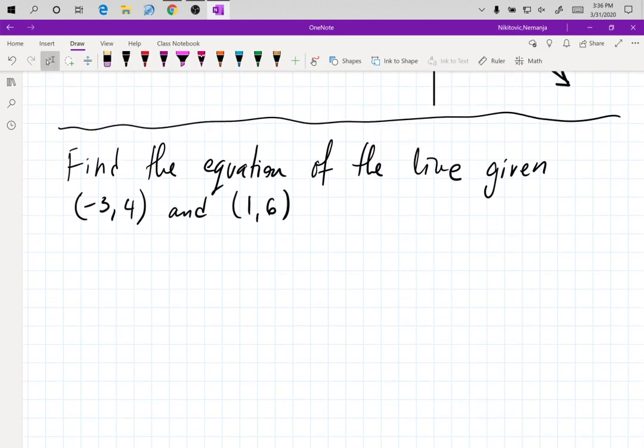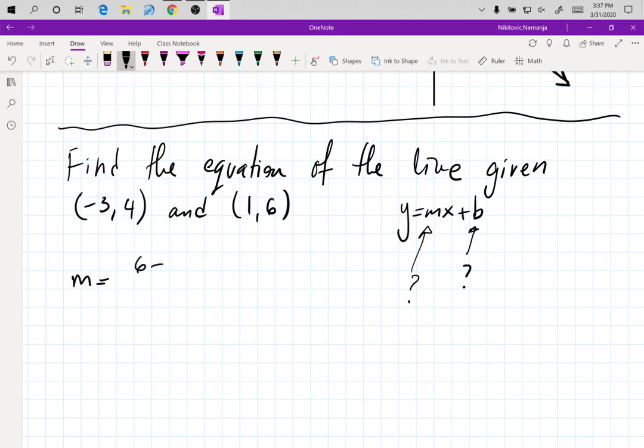So we are looking for y equal mx plus b. And in order to get there, we clearly need m and we need b. Right? So those are the 2 questions that we have to figure out. Now m should be really no-brainer, because you have 2 points and you memorized the formula.